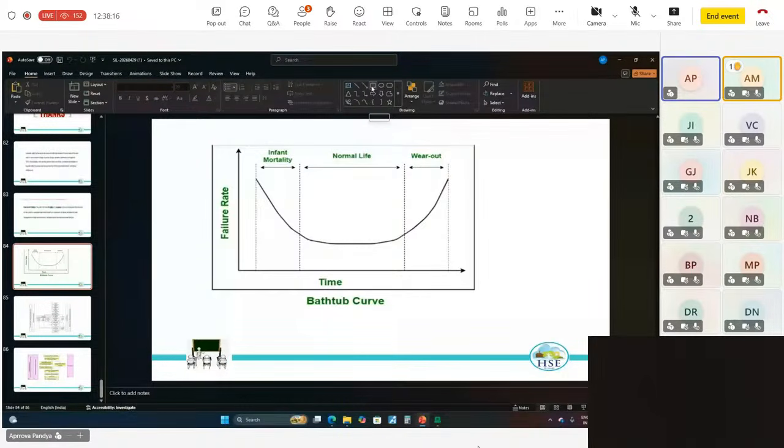That means the number of failures is typically standard, maybe one failure per year or one failure per month. Some kind of failure rate you can establish. So this is what we are most interested in, and most of the devices when they are used in functional safety are practically used in this useful life. Go back.